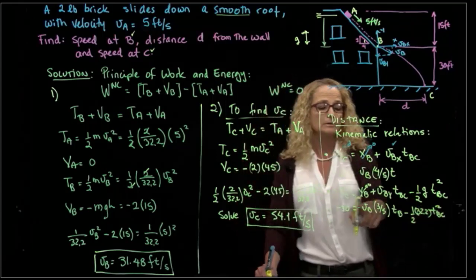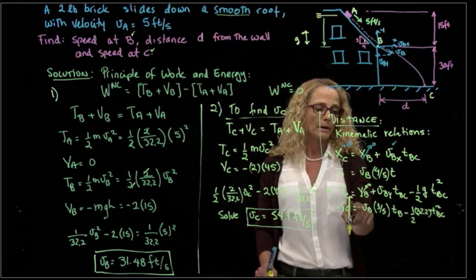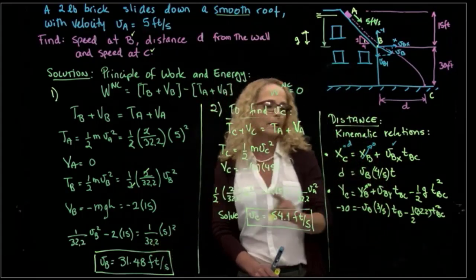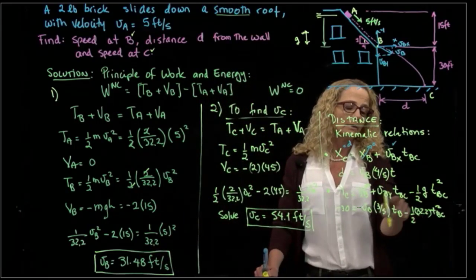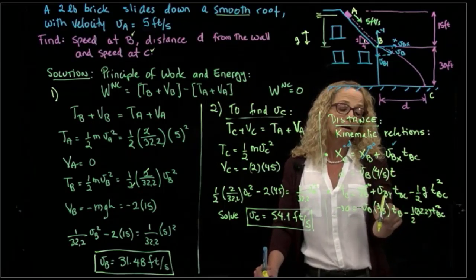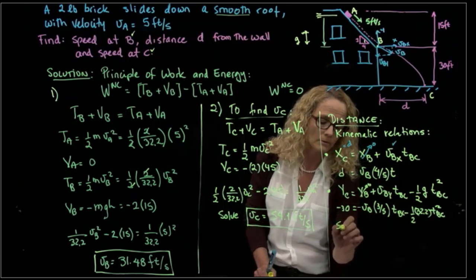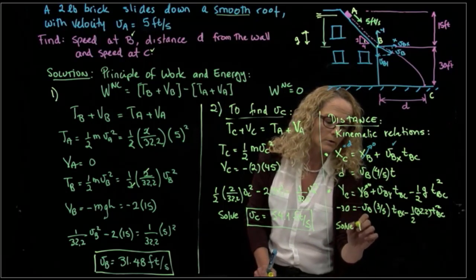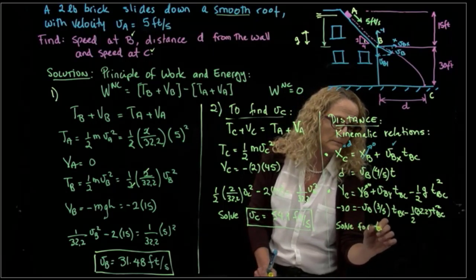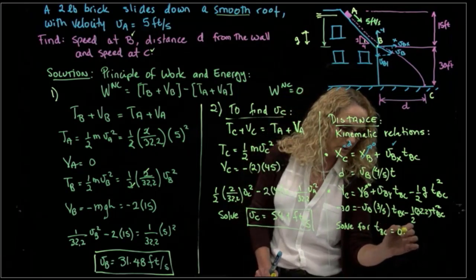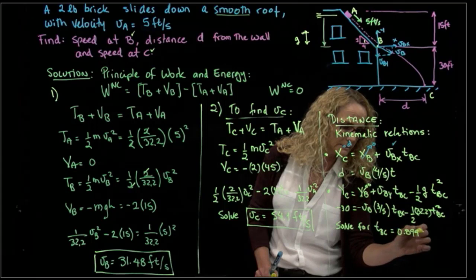As you see, I know the velocity VB because I solved it already, so the only unknown is the time. So I will solve for time, which gives me 0.899 seconds.